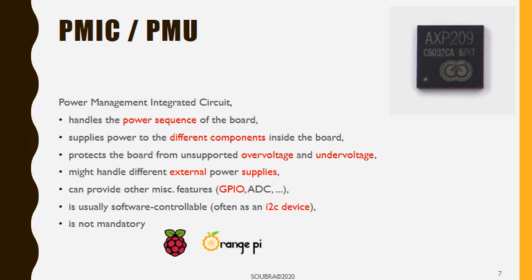Guys, everyone pay attention to the last bullet point. What does it say? It's not mandatory. What does it mean? The PMU, the power management unit, is not mandatory. What does it mean? It's not necessarily there on all boards.